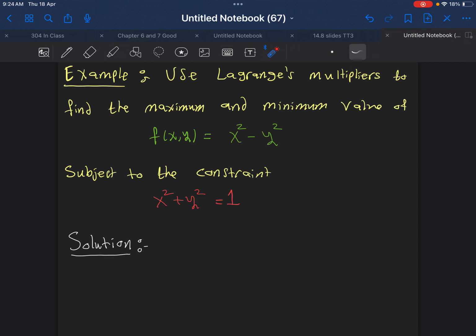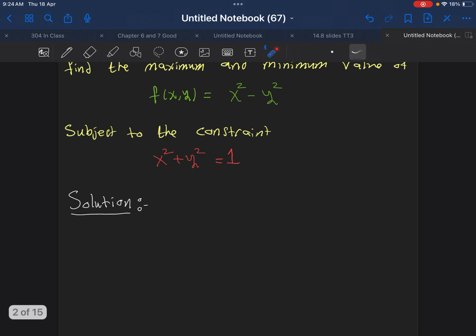And if you remember, in Lagrange multiplier, what we need to do is solve a system of equations. The first equation in the system, we find the derivative f_x and make it equal to lambda times the derivative g_x. And then we need to find the same thing for y, lambda g_y.